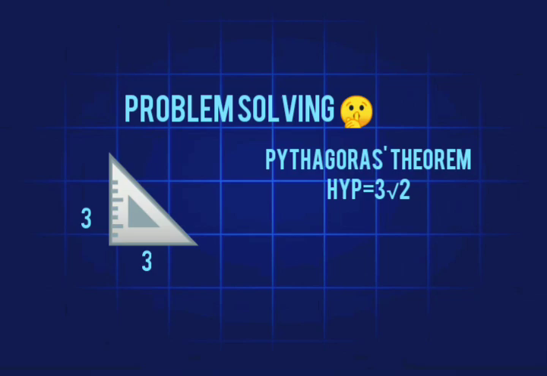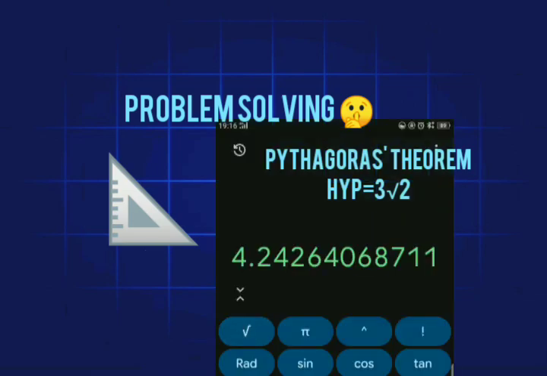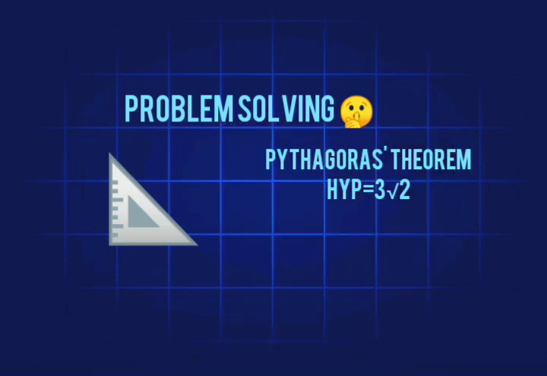So the exact length of the hypotenuse is 3 times the square root of 2. A calculator might give us approximately 4.24, but 3 times the square root of 2 is exact. And that distinction is extremely important in mathematics.